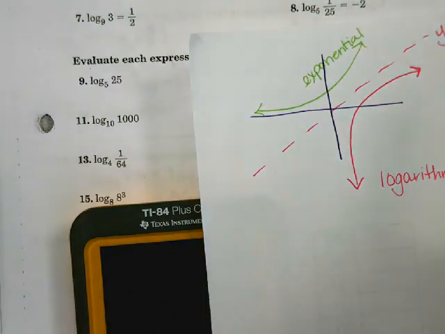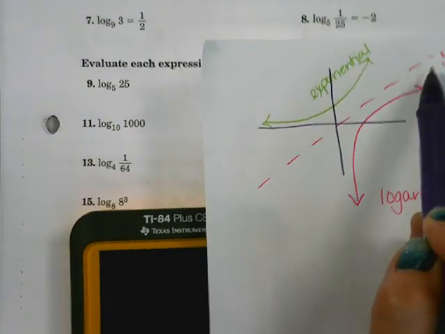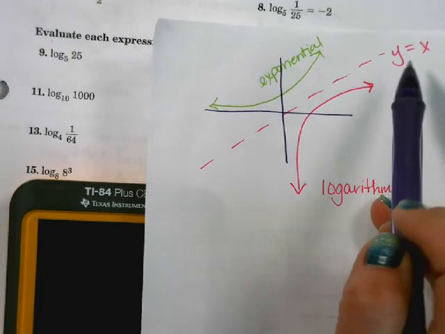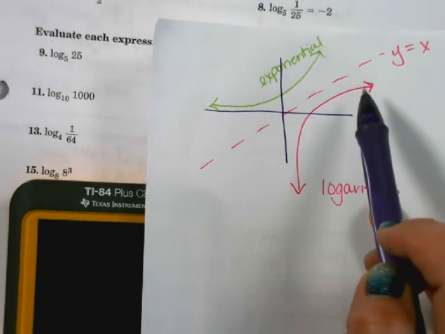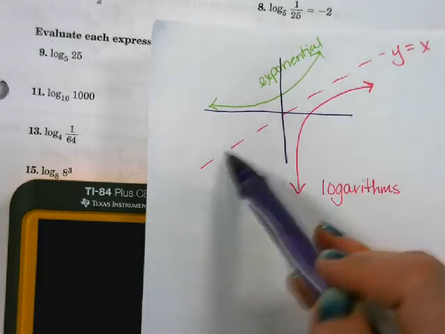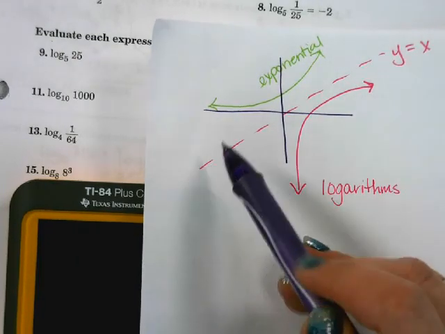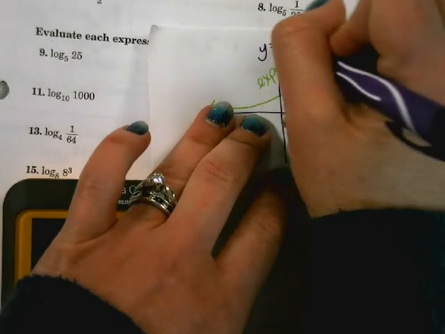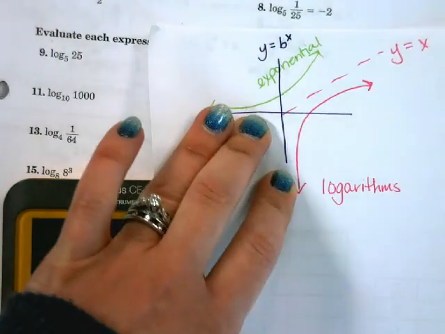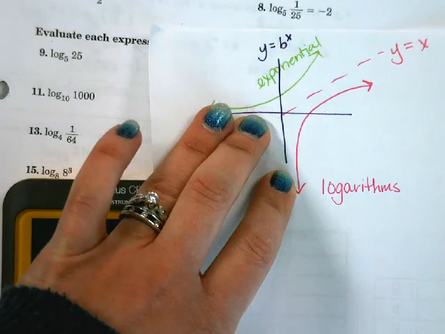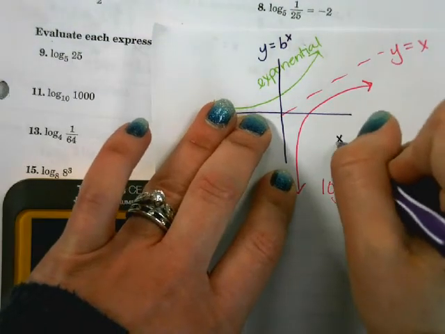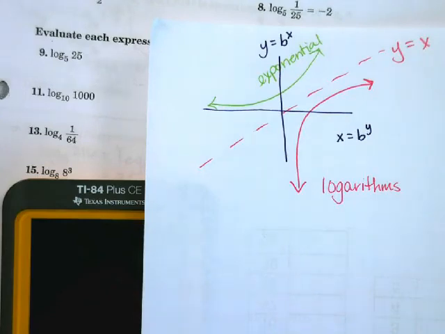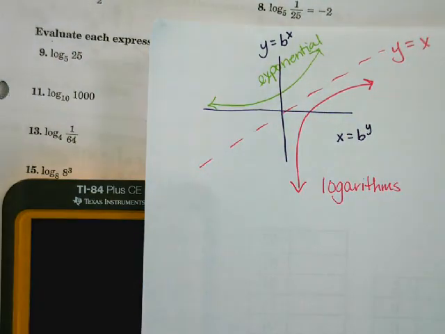I can write this equation as y equals x. I could also say x equals y. That graph doesn't change. This graph does change. So this would be y equals b to the x. This guy is x equals b to the y. So they are 2 different equations because they're inverses.